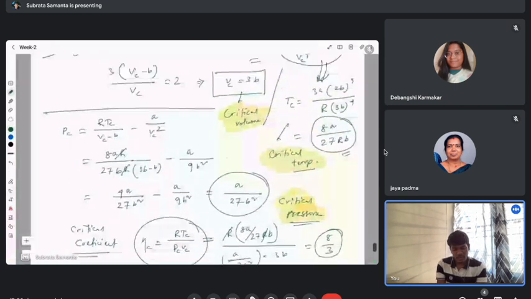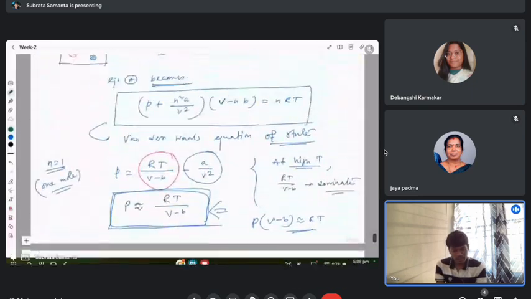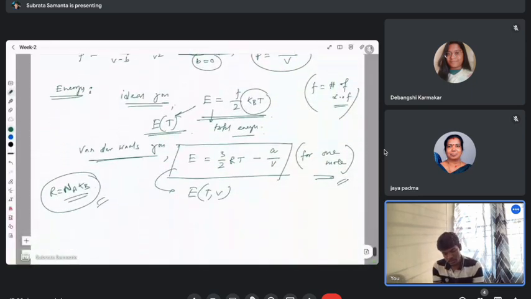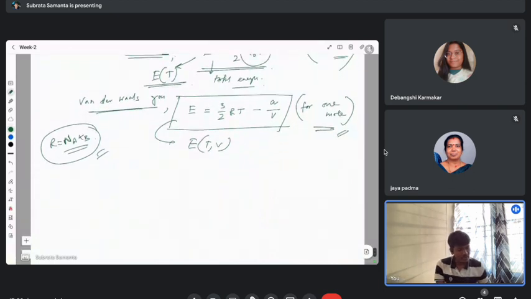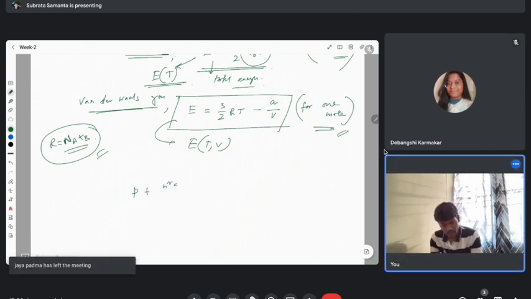So similarly, if we go into the Berthelot equation, we see that the modified pressure does not only have volume dependence, it also has temperature dependence. So what is the equation of state? Let me check. Yeah, there's some kind of P plus n squared a by T V squared, and V minus nb equals nRT.